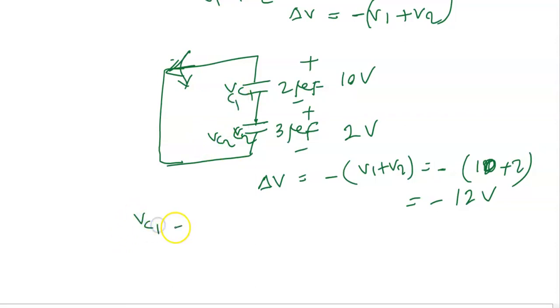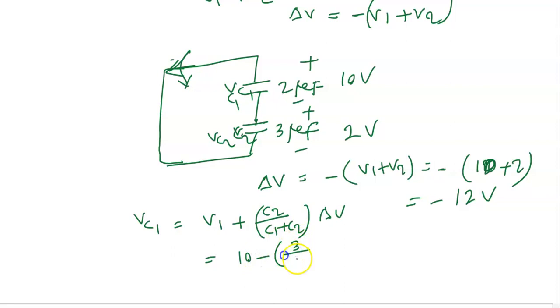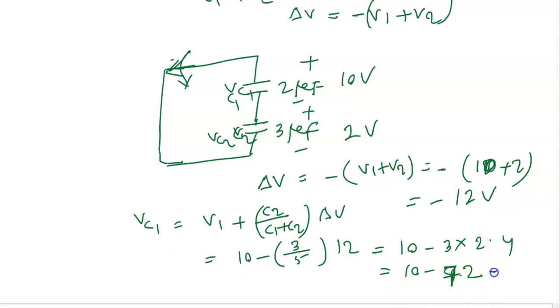VC1 is equal to V1 plus C2 upon C1 plus C2 into del V. So 10 minus 3 upon 5 into 12, that is 10 minus 3 into 2.4, that is 10 minus 7.2, which gives you 2.8 volt.